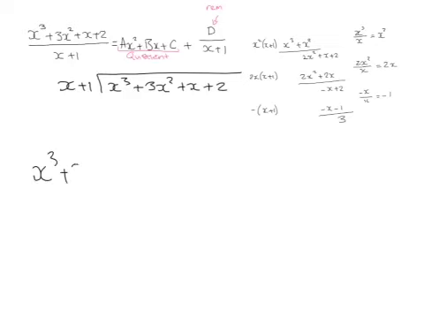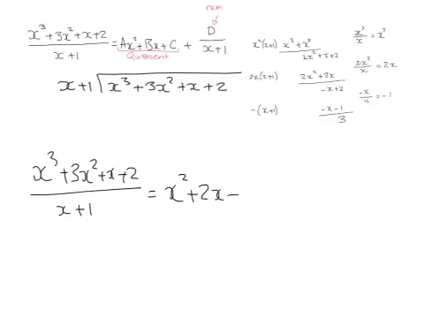X cubed plus 3x squared plus x plus 2 over x plus 1 is x squared plus 2x minus 1. That's my quotient that came out down the right hand side, all those little bits that came out down there. That's the quotient. And then the remainder that I got is 3 over x plus 1 still. Hopefully you got the same as me.